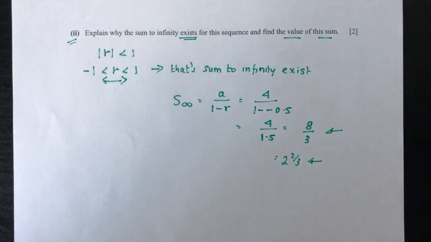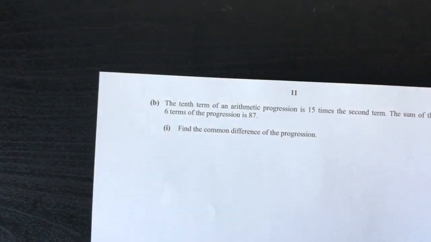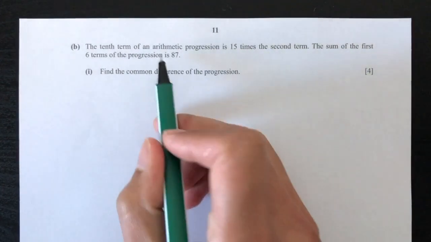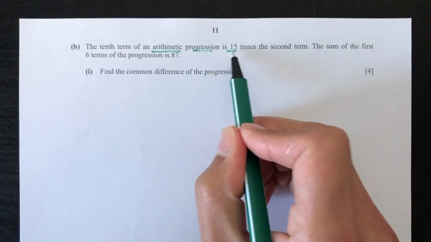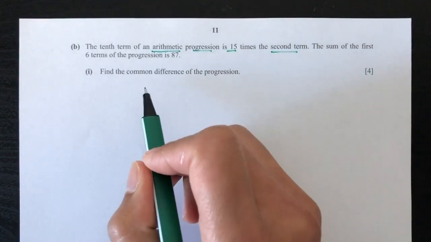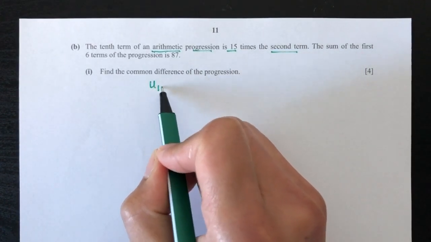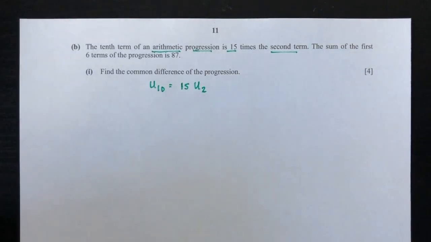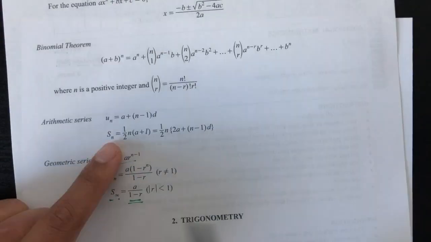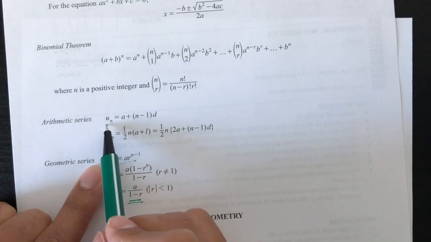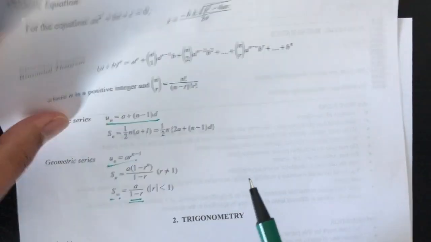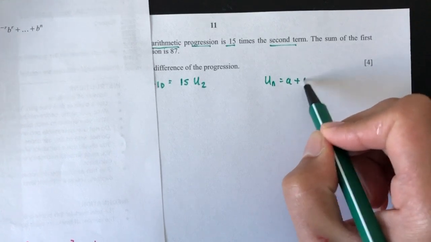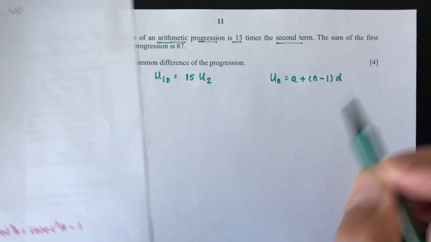Now let's move on to part B. It says the 10th term of an arithmetic progression is 15 times the second term. So basically u10 is equal to 15 times the second term. Now we go back to our list of formulas. For arithmetic progression, the nth term is a plus n minus 1 times d.